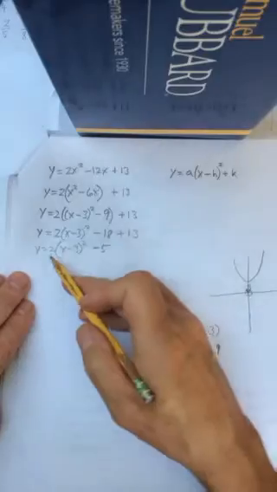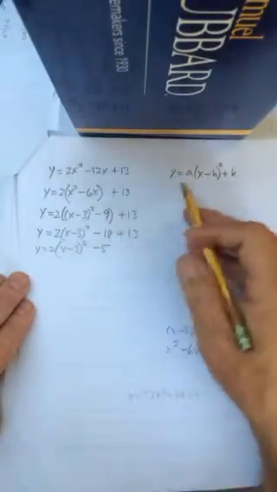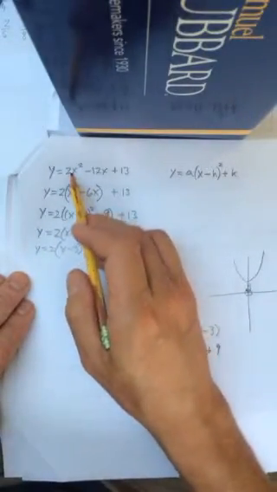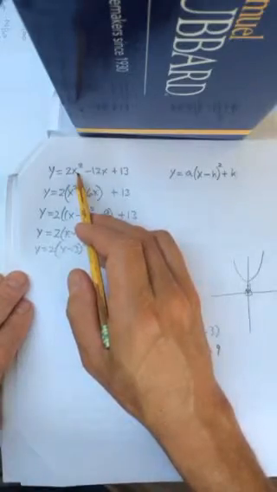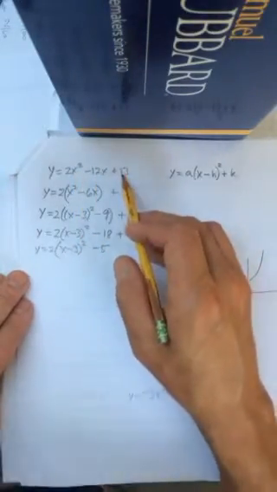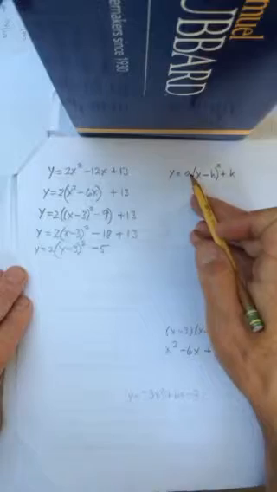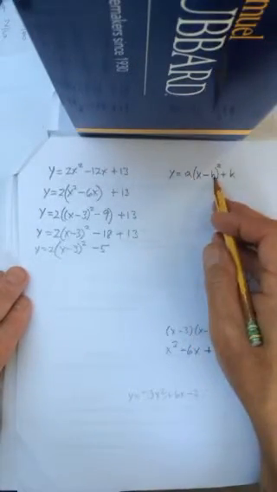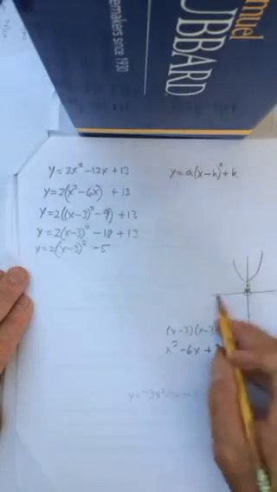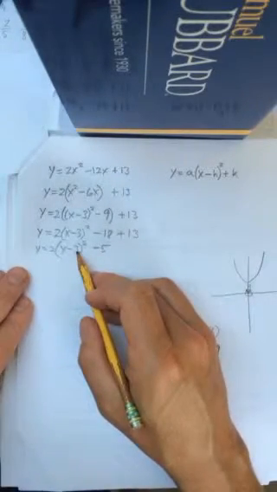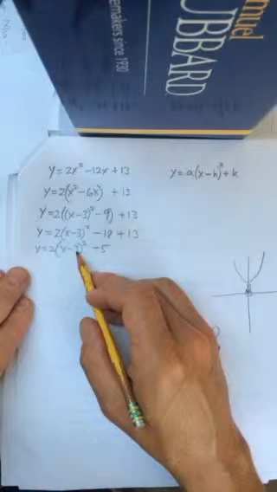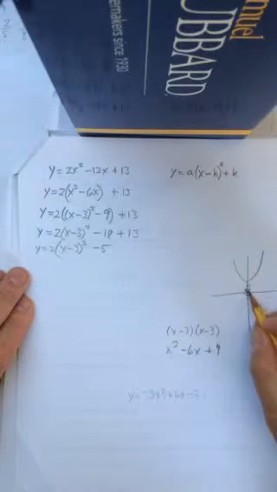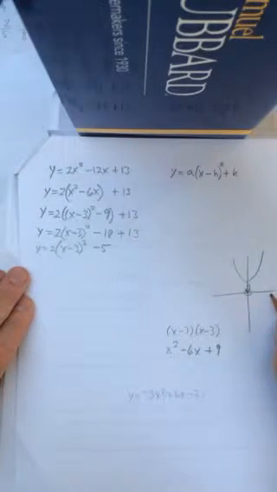We have this a, which is always going to be the same a that you start with. Remember the a times x squared minus b and c. That a is going to be the same thing. That's why we use the same letter. The h, which tells us where it is horizontally, is a 3. So that means that the vertex is going to be over here at 1, 2, 3.